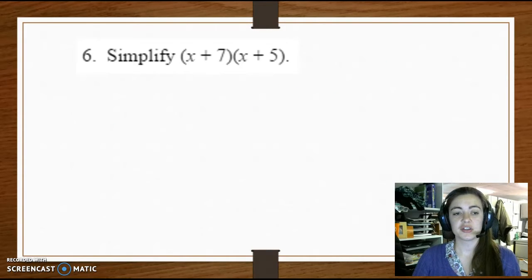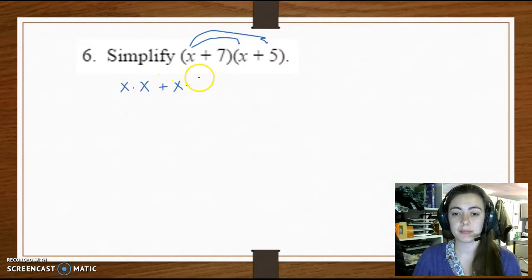For number 6, you're doing a very similar thing. So x times x, x times 5, 7 times x. Remember, you're taking everything on the outside and multiplying everything on the inside. And 7 times 5. So simplify.